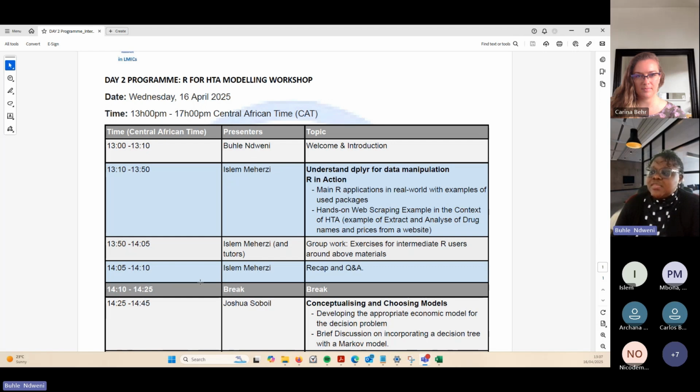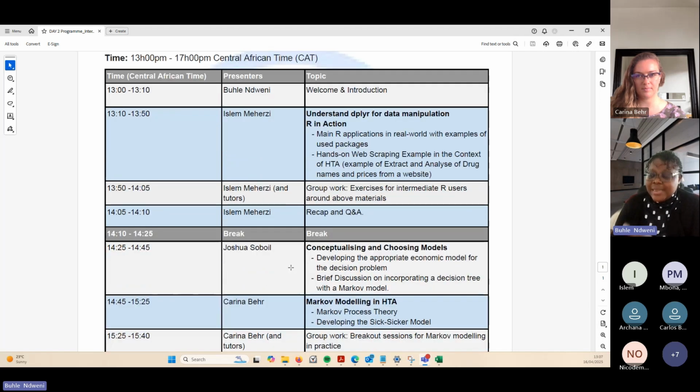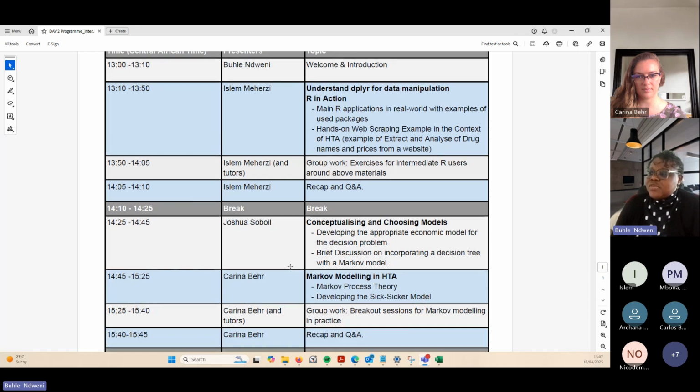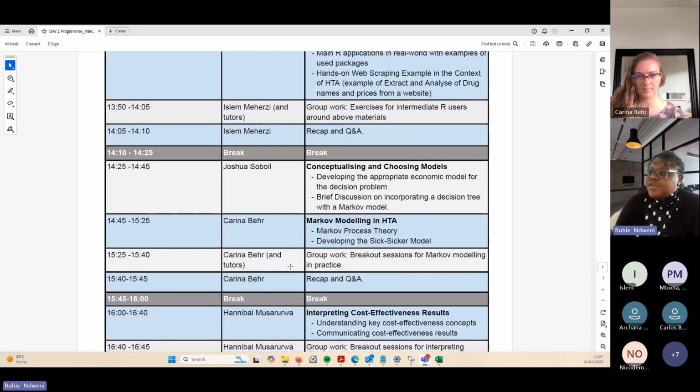And then there'll be some group work, and then after the group session, we'll have a recap in the main room, and then Q&As. Then we'll just have a mini break or a comfort break. Then Josh is going to talk to conceptualizing and choosing models. And then Karina will get into Markov modeling in HTA.